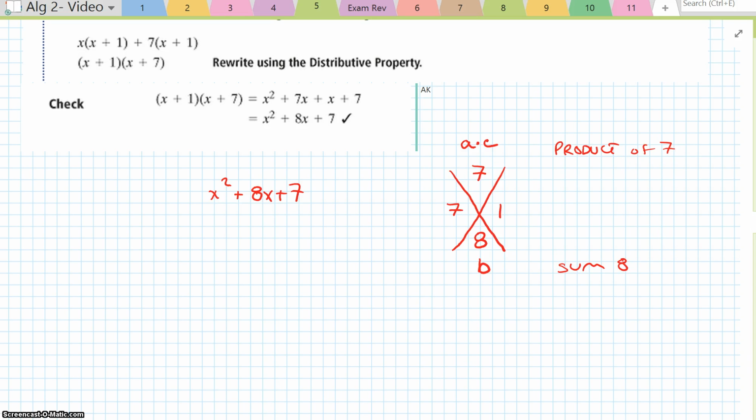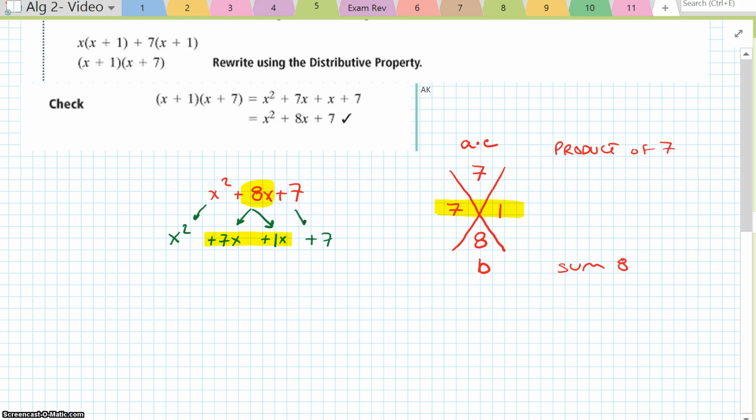Okay, so that gives us two factors we're going to break down the b value with. So we're going to rewrite this like this. X squared, that just drops down, plus 7x plus 1x. And all we did was divide that 8x amongst our two factors, and I'll show you why in just a second. Plus 7.